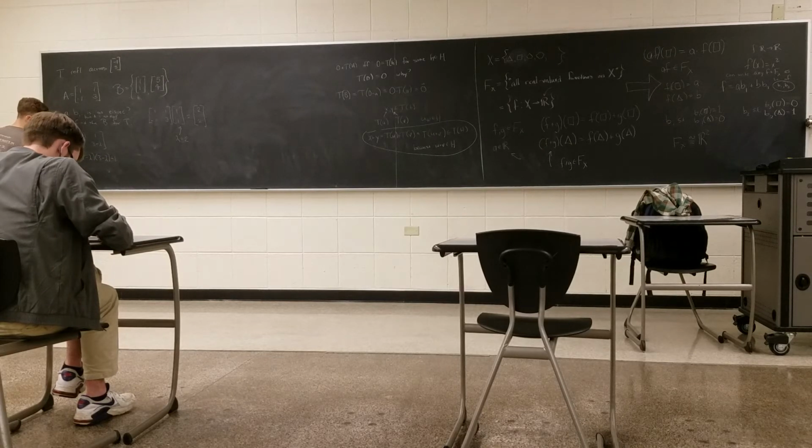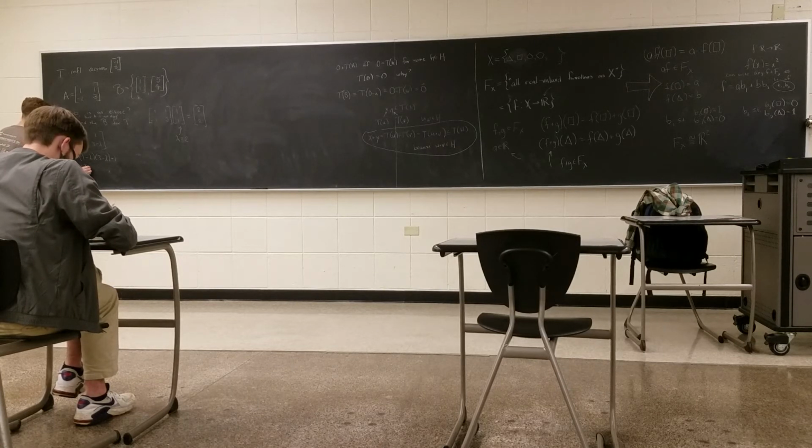So this is lambda squared minus 3 minus 1, so minus 4 lambda plus 3 plus 4. And sure enough, we get lambda minus 2 squared. So we do have that this is a multiplicity 2.